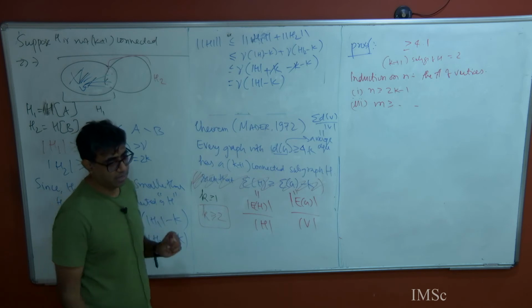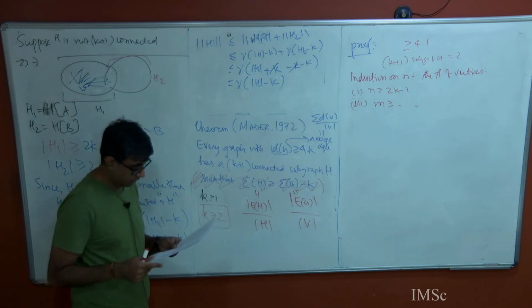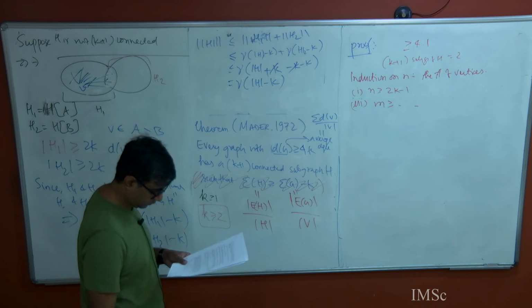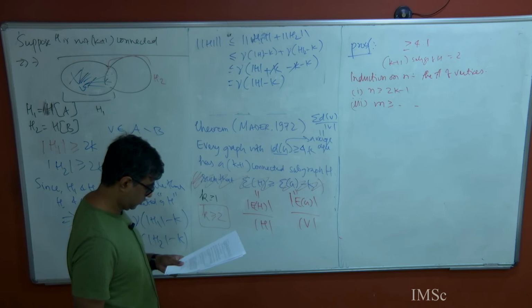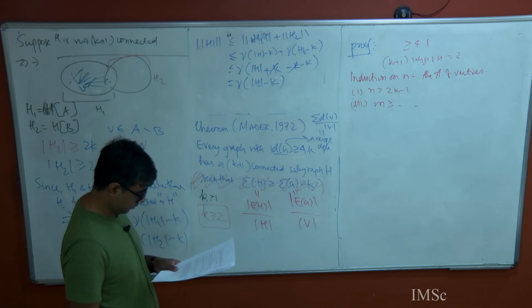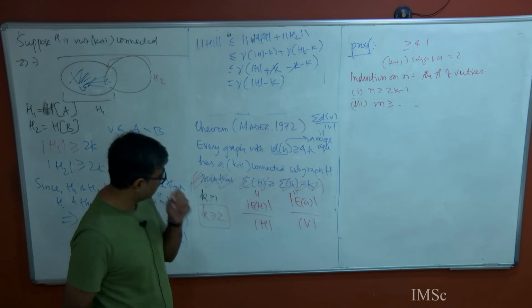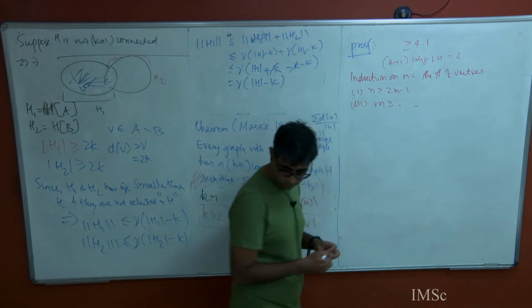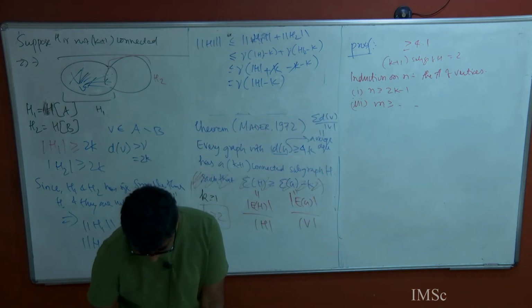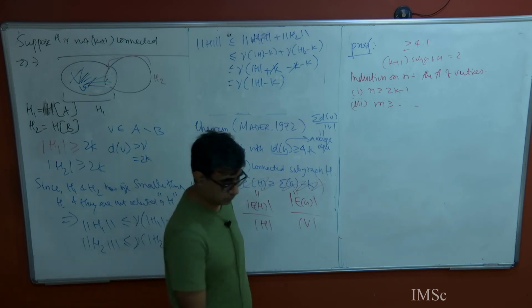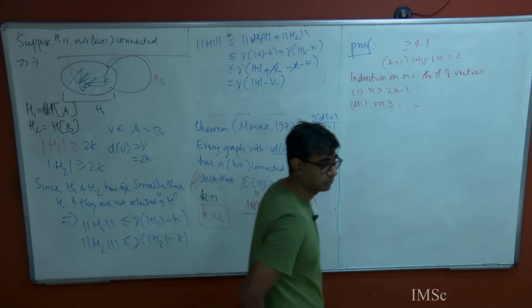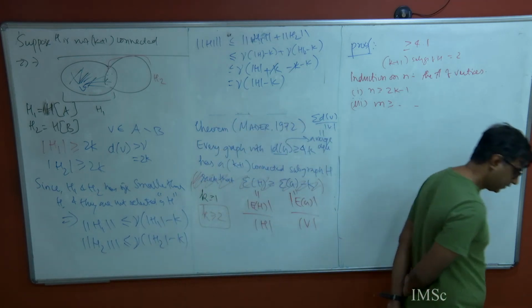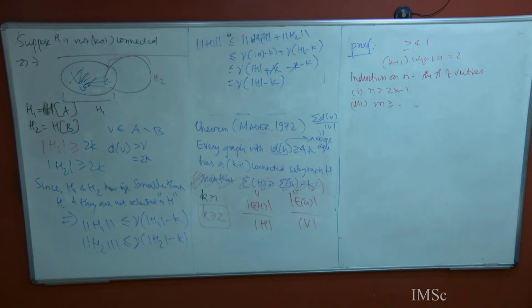Now I'm going to apply induction on n. Suppose n is 2k minus 1, then what happens? Why is it 2k minus 1? You just answered my question. If a graph has average degree 4k, then there exists a subgraph of minimum degree at least 2k.